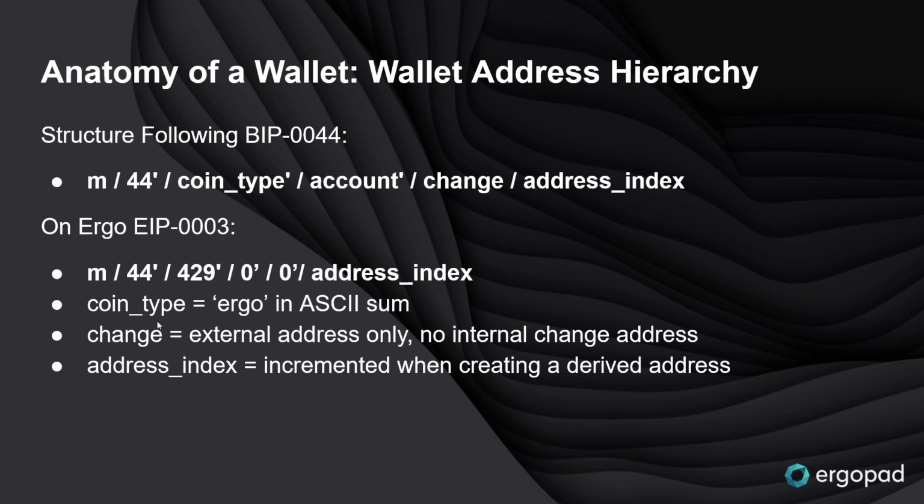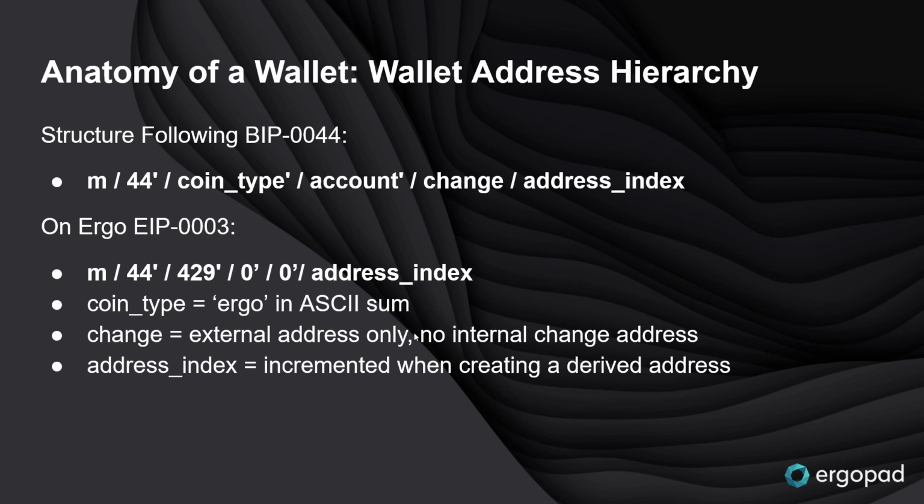We have the coin type section, which is the string of Ergo characters in ASCII, and then you sum those values together. Each character is associated with a number, and you sum those together, and that's the coin type number. The change tells you it's an external address only, no internal change address.